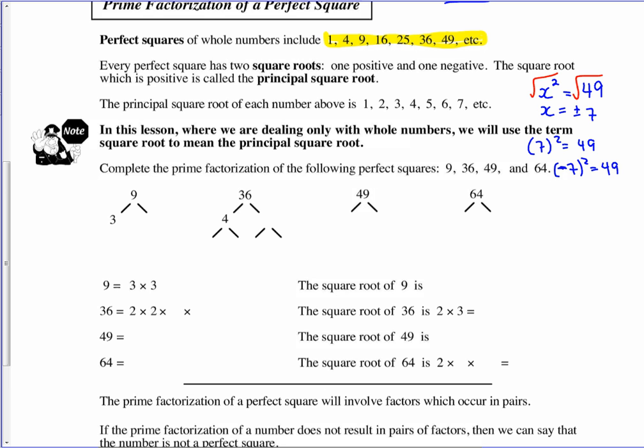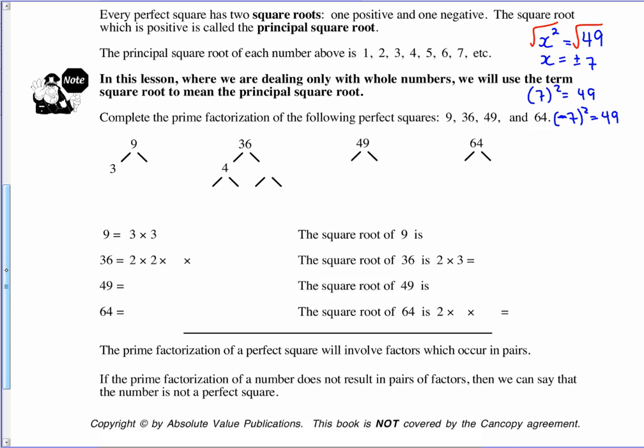You can use prime factorization to figure out your perfect square. So 9 is 3 times 3, and you can break it up into 2 equal groups. Then the square root of 9 is 3, just one of the equal groups. 36 is 4 times 9, and 4 is 2 times 2, 9 is 3 times 3.